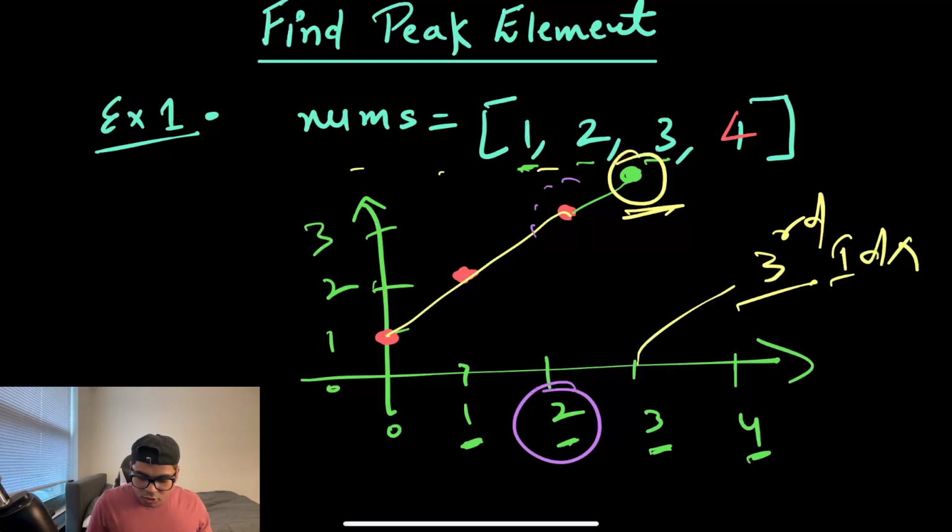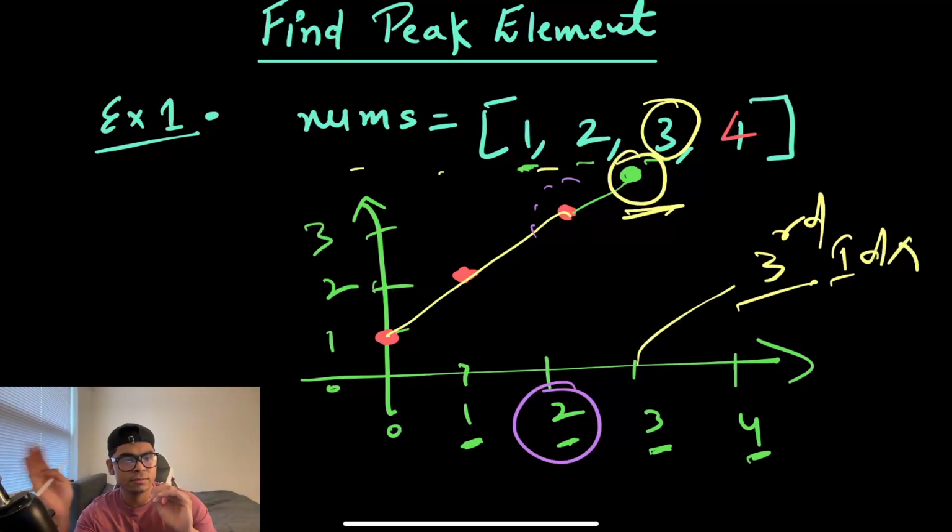But what you are really seeing is you can compare the mid element to its neighbors, and whichever side has the greater number, you decide to go for that side, and I guarantee that will return a solution.